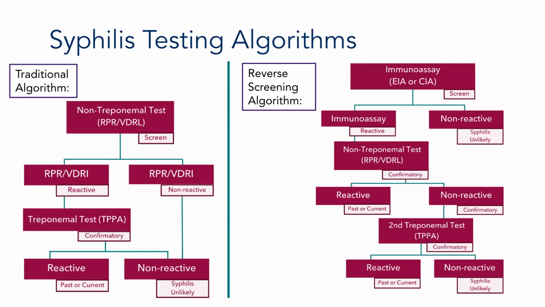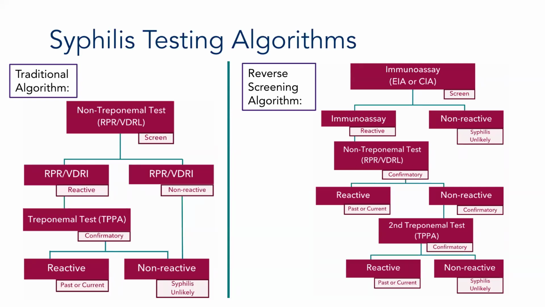So again, you need to go back and do a good history and physical exam to see if there's any indication that this is a current case, or if they have a history of previously being diagnosed with syphilis, and then if previously diagnosed, were they appropriately treated at the time.